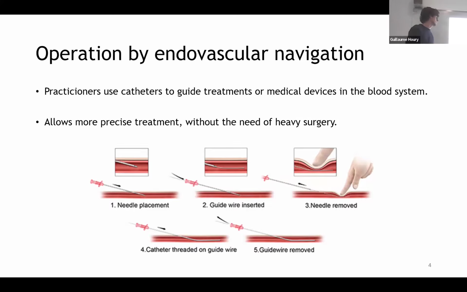Typically, the radiologist will push a needle into the patient to have access to the blood vessels, and will then introduce a catheter in this needle that will be pushed toward its final location.